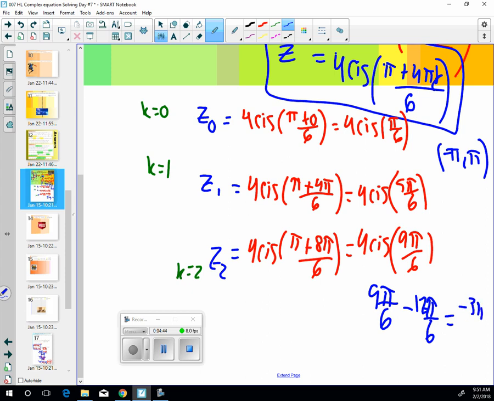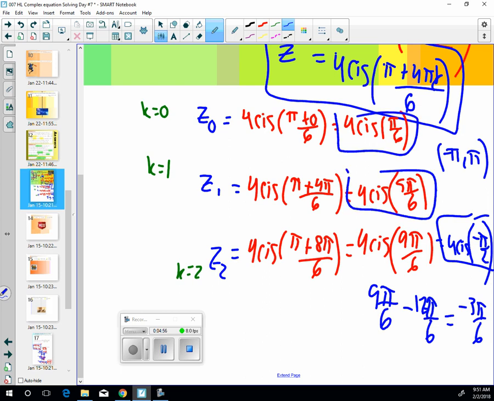Negative 3 pi over 6. No big deal. This is just 4 cis negative pi over 2. So these are my 3 values. If they wanted it in rectangular, you just expand those: cosine theta plus i sine theta. Do you want to see them?